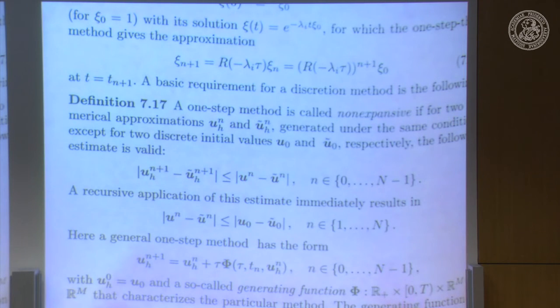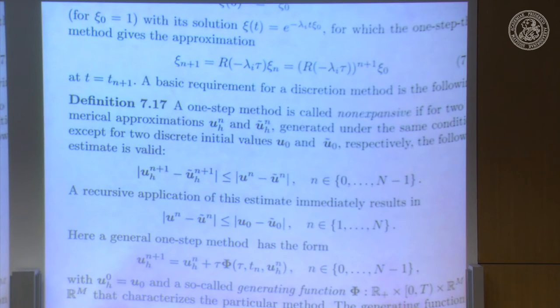It may stay the same, so that's weaker than a contraction, where we require that it's always diminished by a fixed factor L less than 1, but it's not allowed to increase. That is the minimal requirement we would like to have for a method.